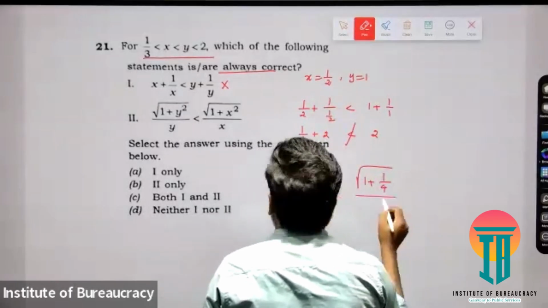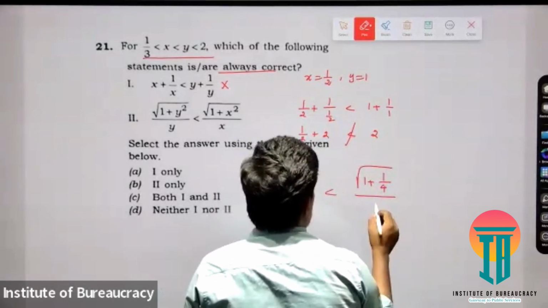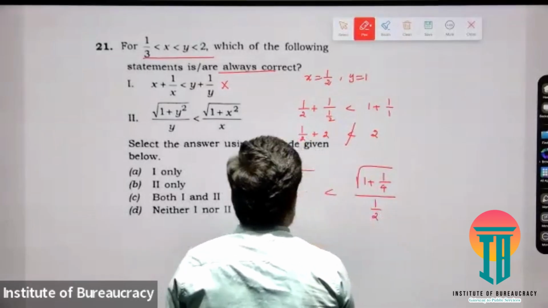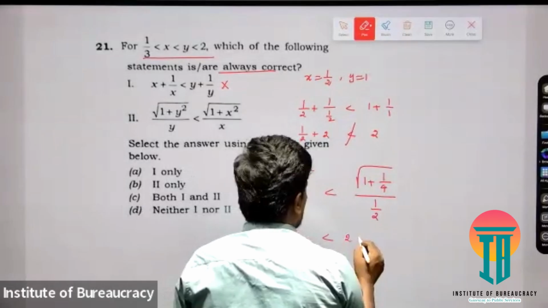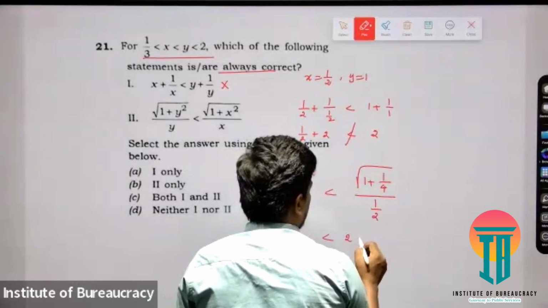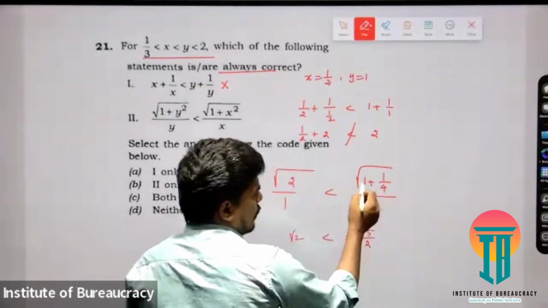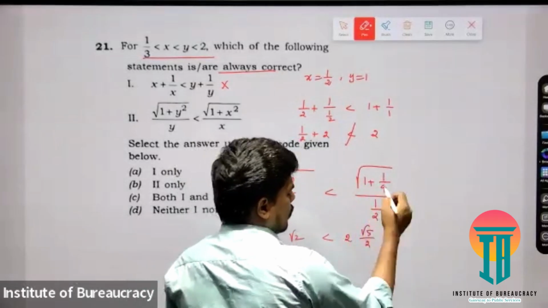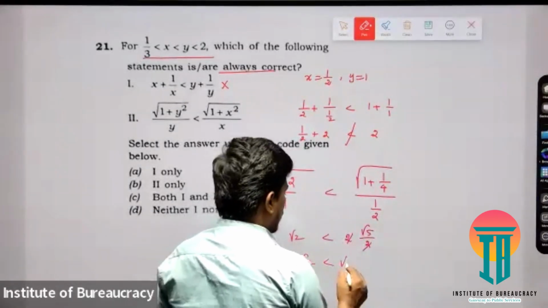Therefore, it is 1 by 4 divided by what? x, again it is going to be 1 by 2. So which means this is root 2 less than, it is 2 into, this is going to be root 5 by 2. If you simplify this, 4 plus 1, 5 by 4. If you take out of the root, it is going to be 2, it is 1. Root 2 is definitely less than root 5.